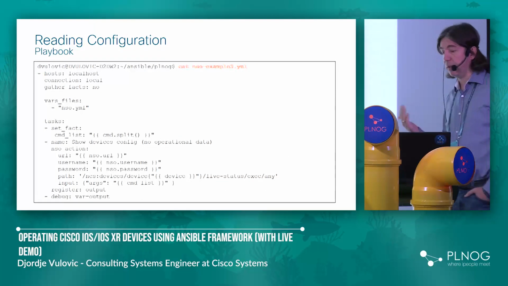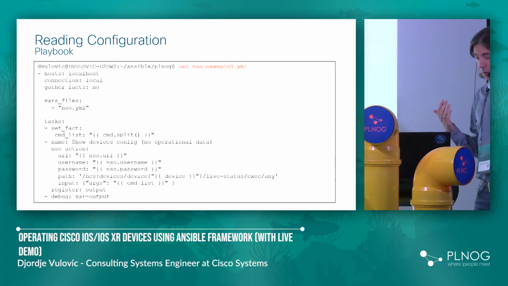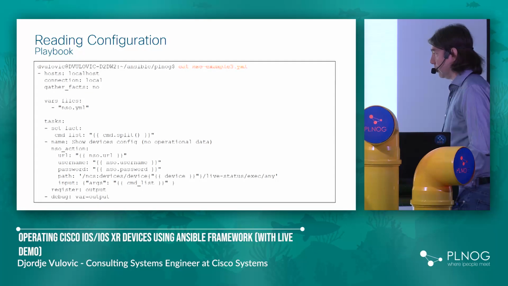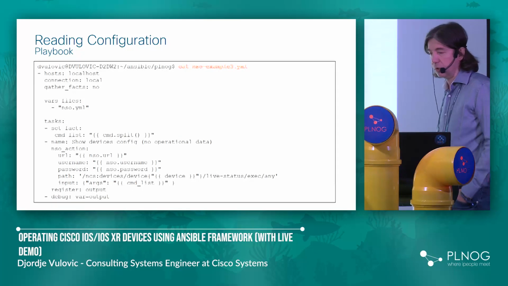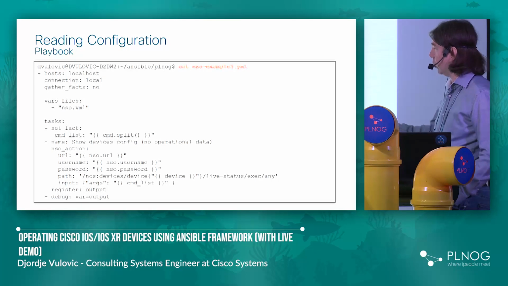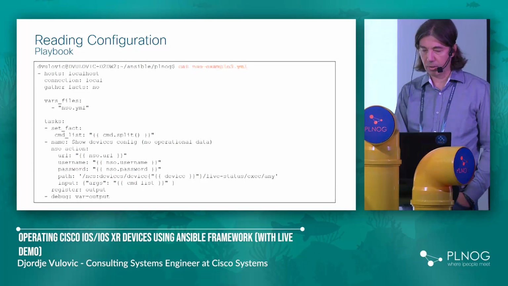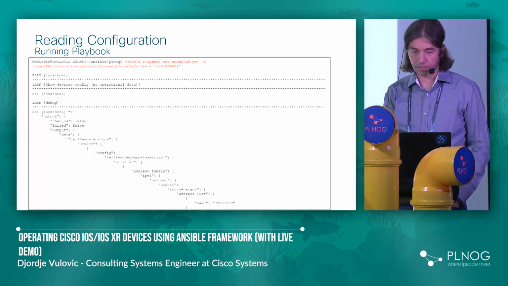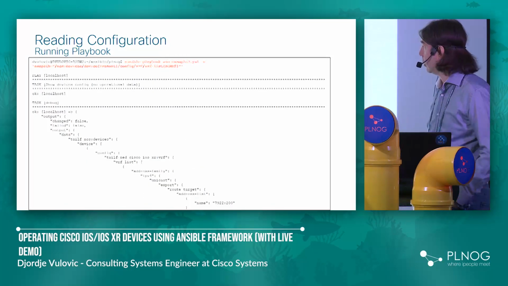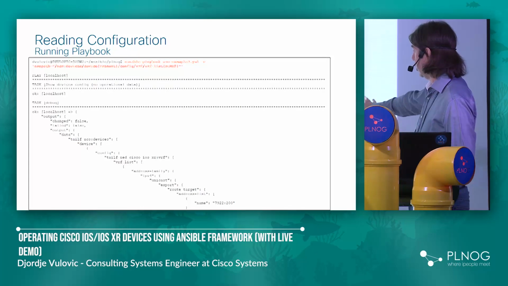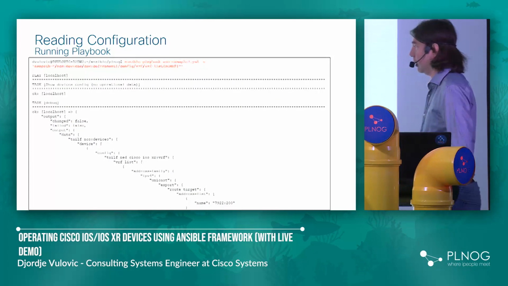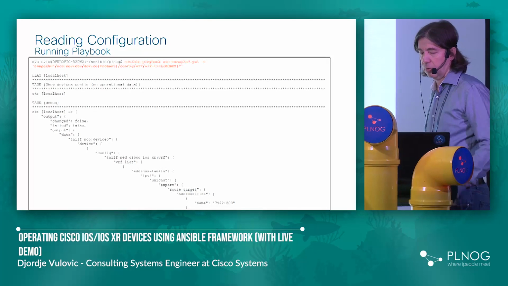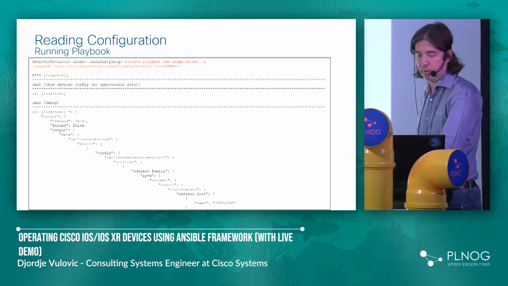NSO by itself keeps copies of all the configuration of devices, so you can also show the configuration of the device, or part of it. This was not this playbook, I'm sorry, but you can also see, for example, the configuration of the networking device.